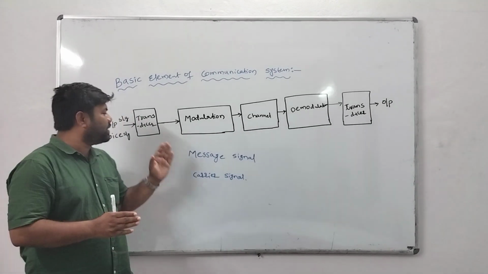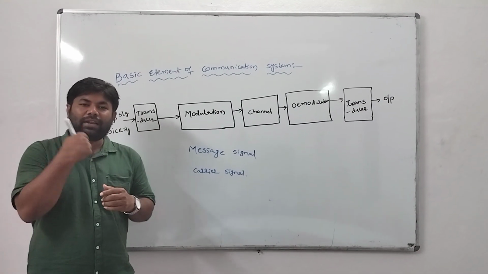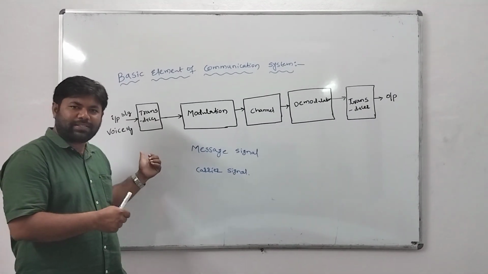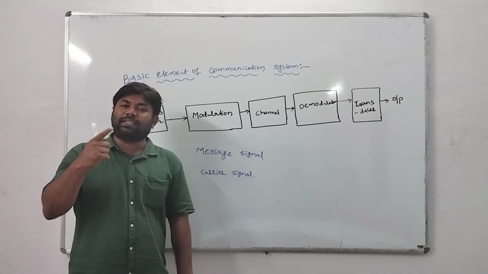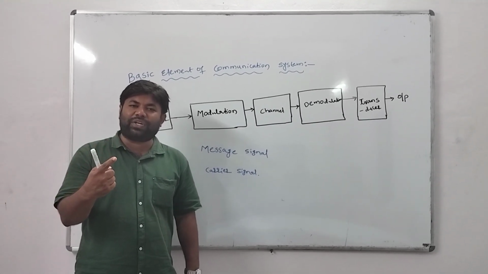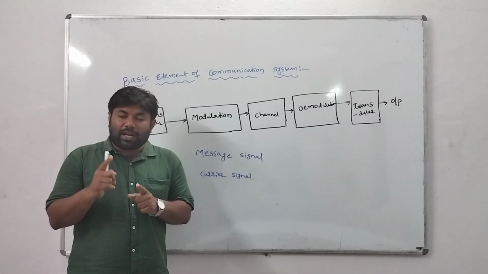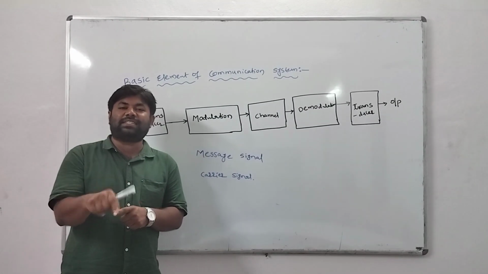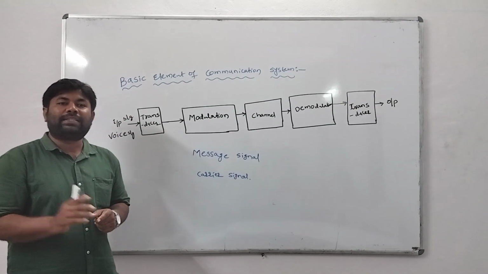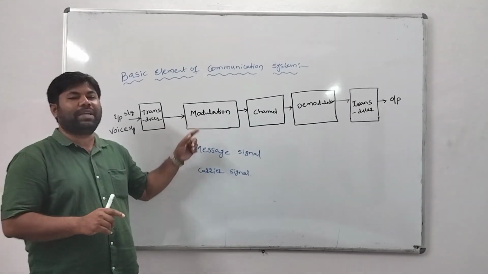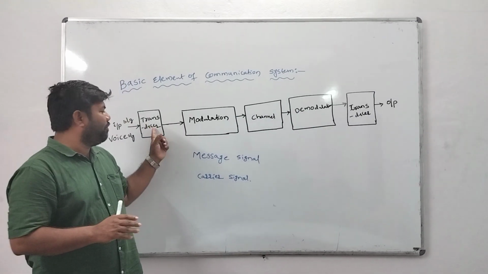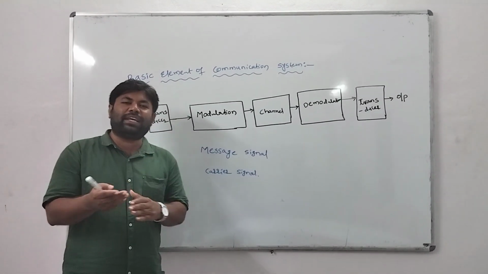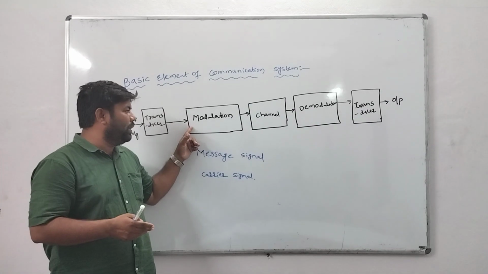So here the input signal is a voice signal, which is non-electrical, and it is converted into an electrical signal. That electrical voice signal is an analog signal, and it is given to the input of the modulator. So the output of the transducer is the input of the modulation.